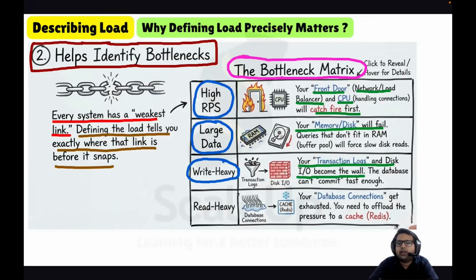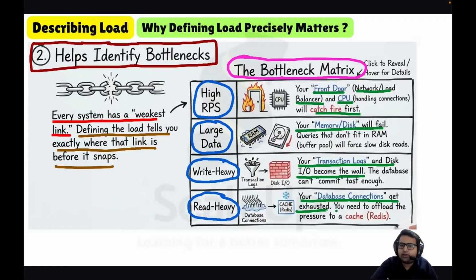And for read-heavy tasks, your database connections may get exhausted. So your database connections will be the weakest link for read-heavy tasks, because when we are reading, we will be querying the database. And when the load on the database increases, the database might get exhausted.